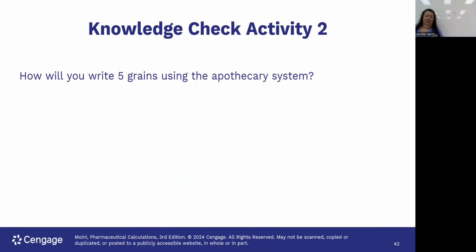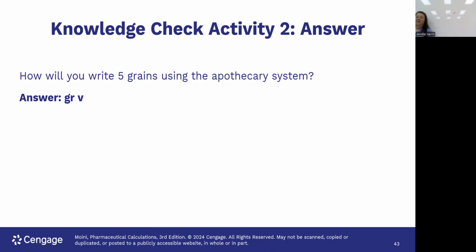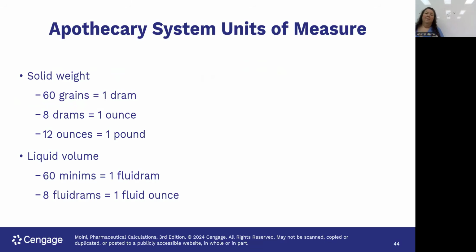And hopefully you came up with a lowercase gr and the letter V for 5. So gr space V is how we would write that one. I know it's a little hard in this small box on the screen, but that is what I have on the board.